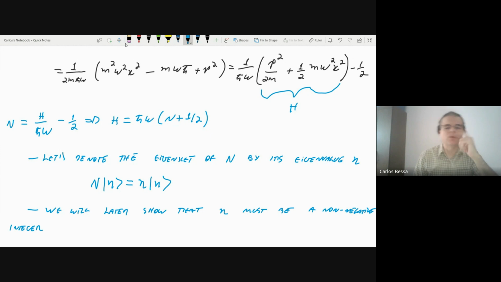It must be real, but also must be non-negative and integral, but we'll see this in the end, not now. But for now, let's use the Hamiltonian on the ket n.